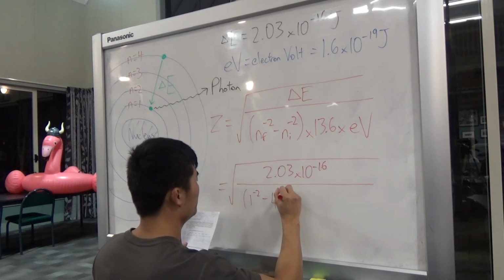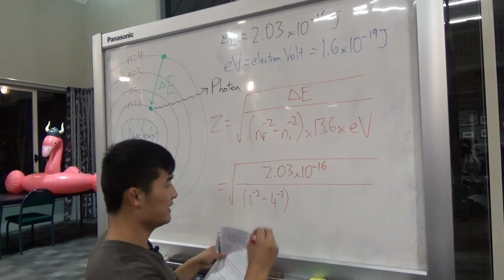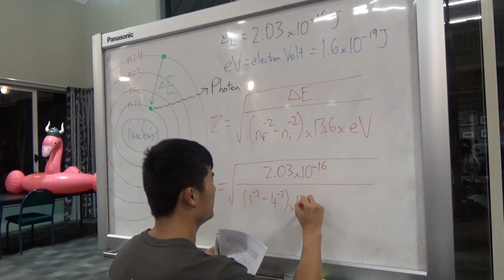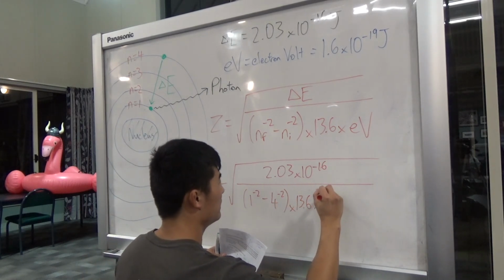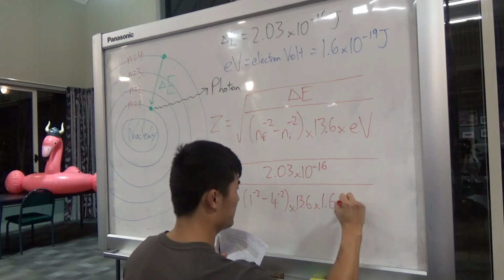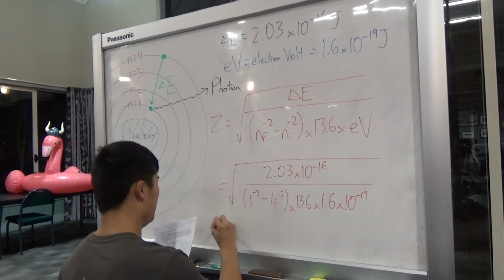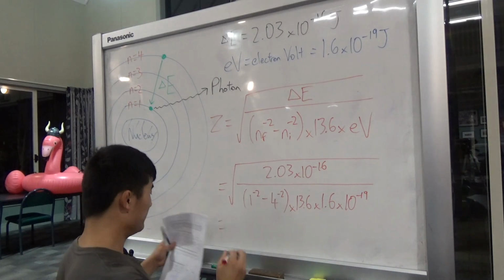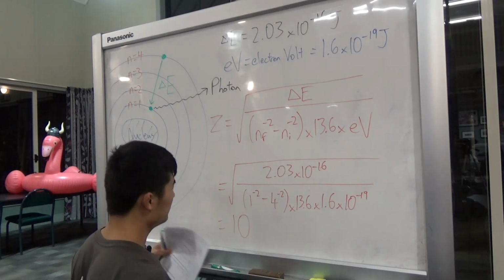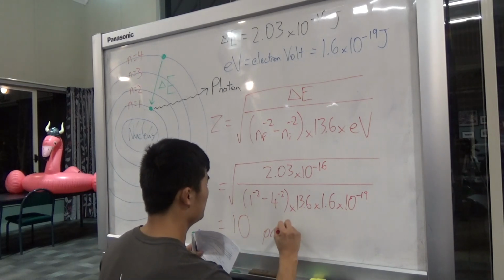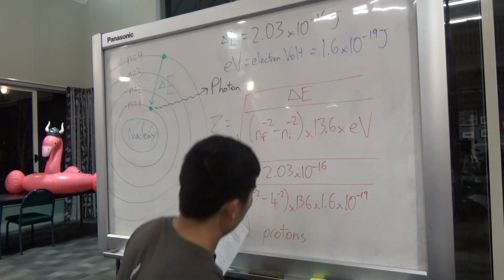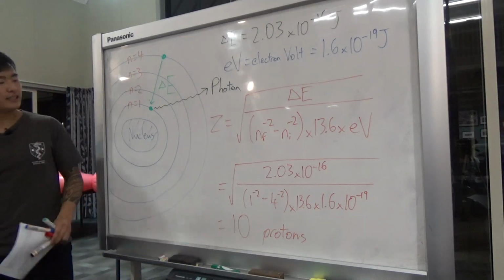So 4 to the negative 2, close bracket, times 13.6 times 1.6 times 10 to the negative 19. Okay, and that will give you a number of 10. So that means there's 10 protons in that nucleus.